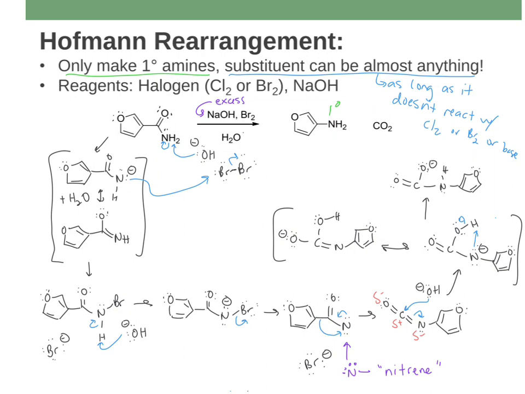It's just a proton transfer step. But now you have this unstable carbamate, and they tend to fall apart pretty easily, especially under basic conditions. And so this lone pair can drop down, and it actually kicks its whole self off as carbon dioxide. That's where this carbon dioxide comes from, and leaves the electrons on the nitrogen, which will give us another negative nitrogen.